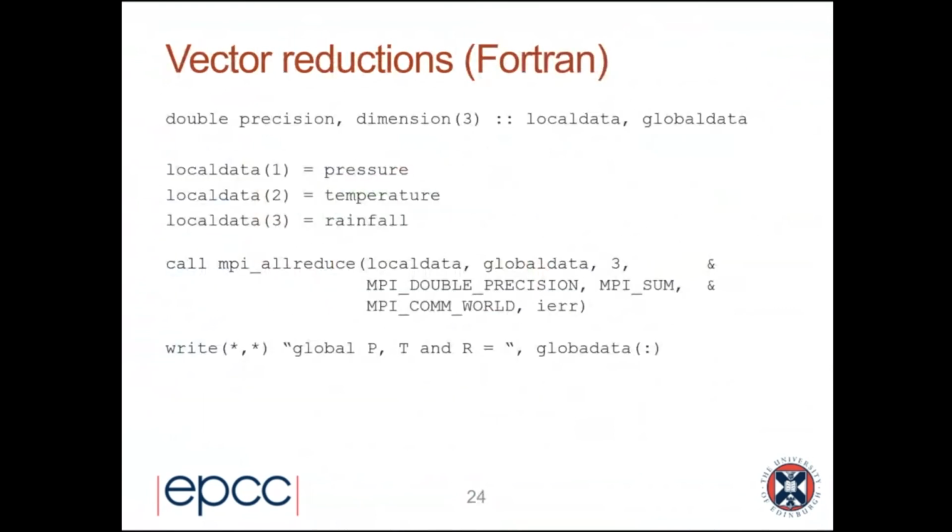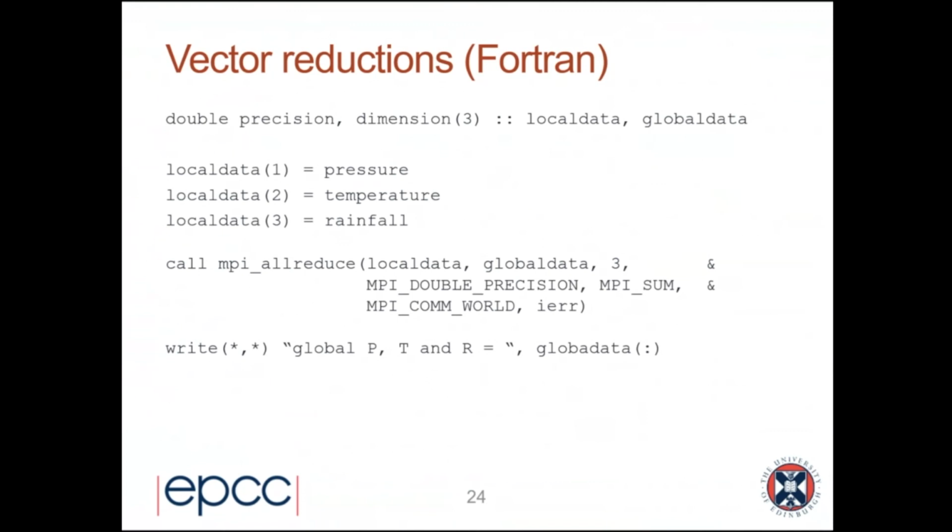To illustrate the use of an array, imagine you're doing a weather forecasting simulation. Each process is responsible for a section of land, and it has computed the pressure, temperature, and rainfall over that section. These are local data.